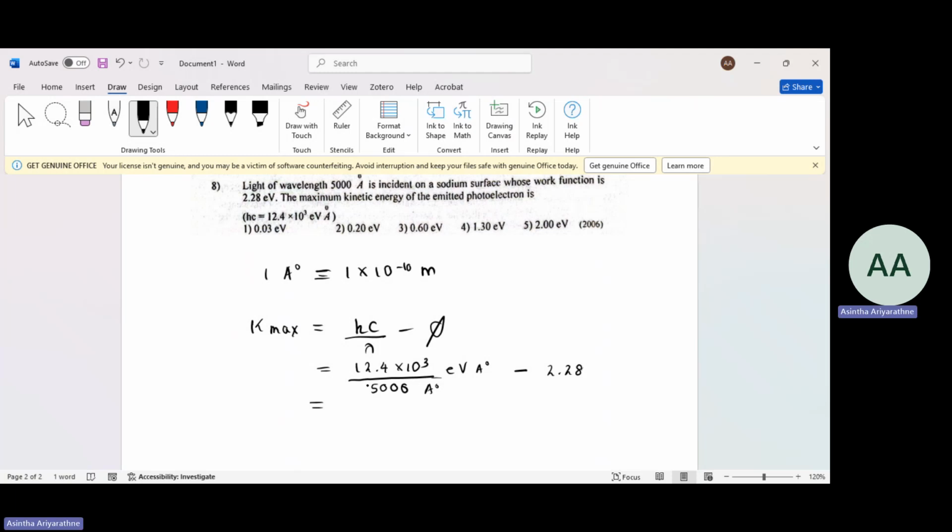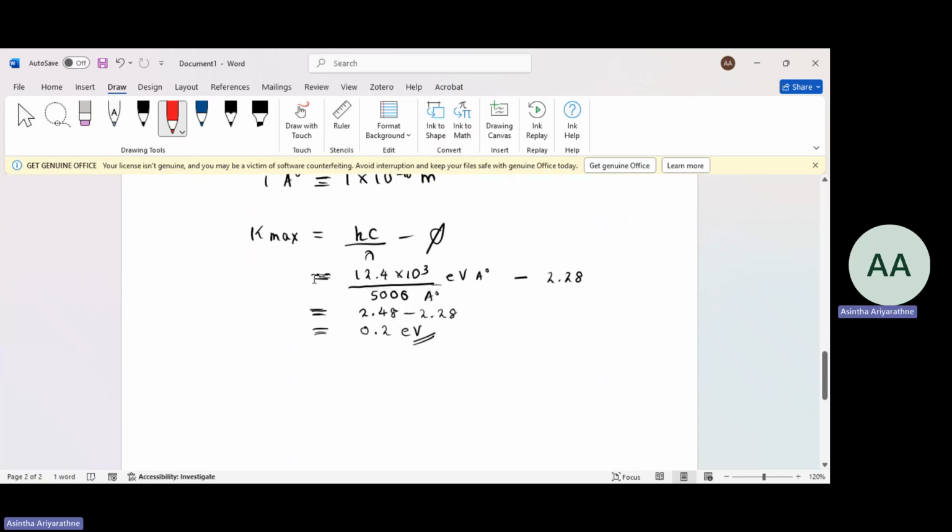Right, so this should give the value of K max.